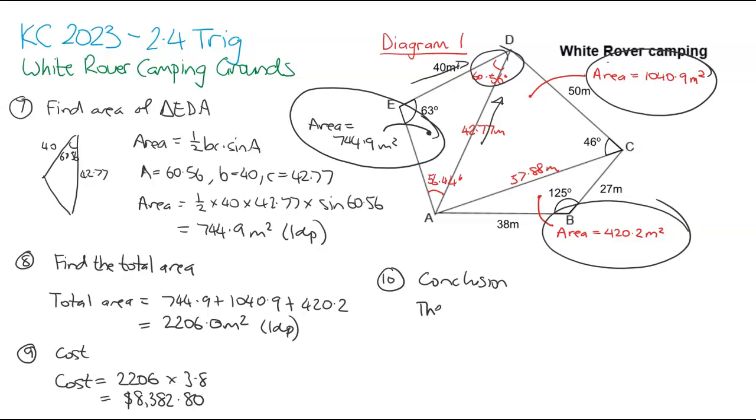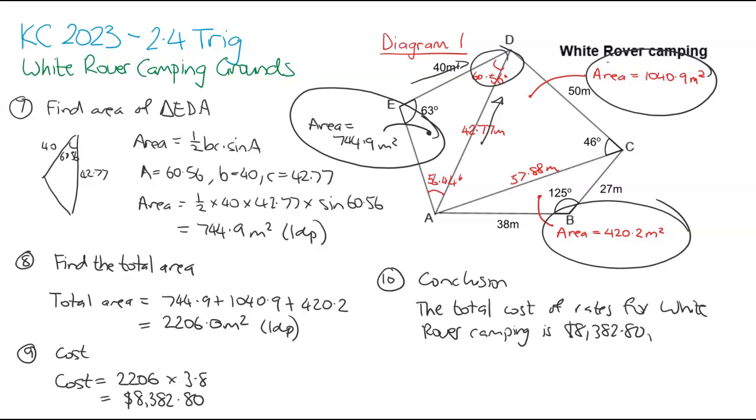So the total cost, so this is when we write it in a sentence, the total cost of rates for White Rover camping is $8,382.80, which is less than our $9,000 budget.